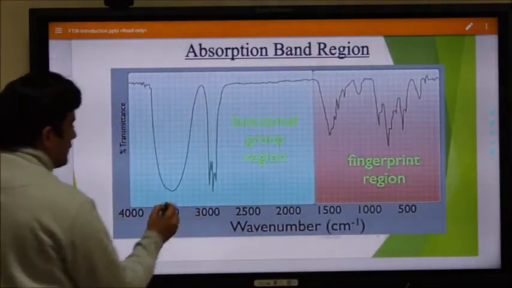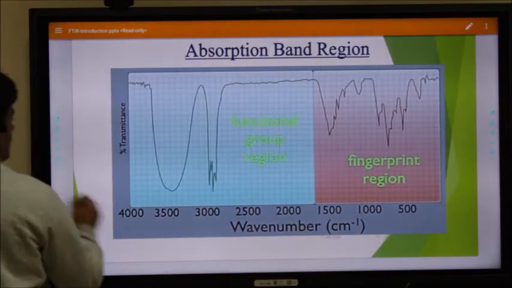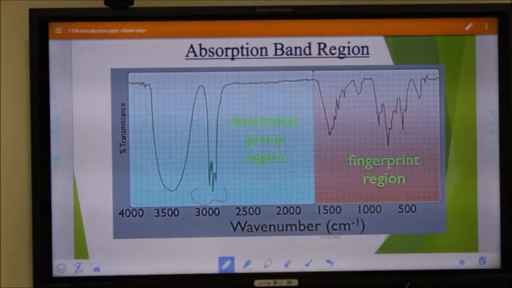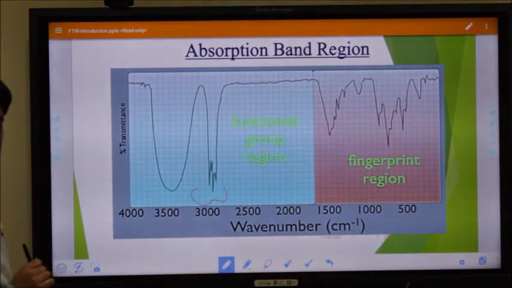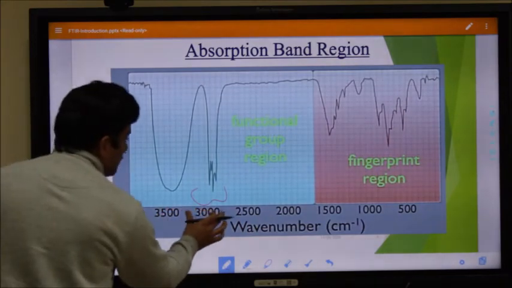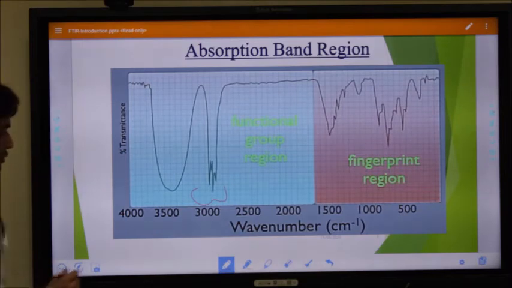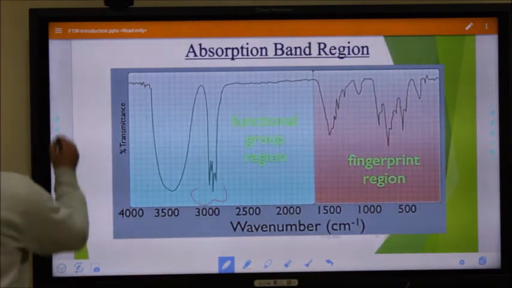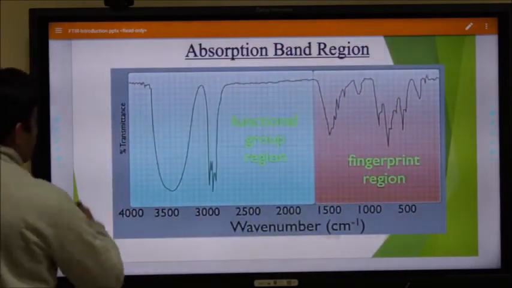Observe this region here. Can you tell me, is there any CH peak here? Just observe these markings. Where is 2700? Where is 3000 centimeter inverse? You just need to observe the data. Now let's move on to the next slide.